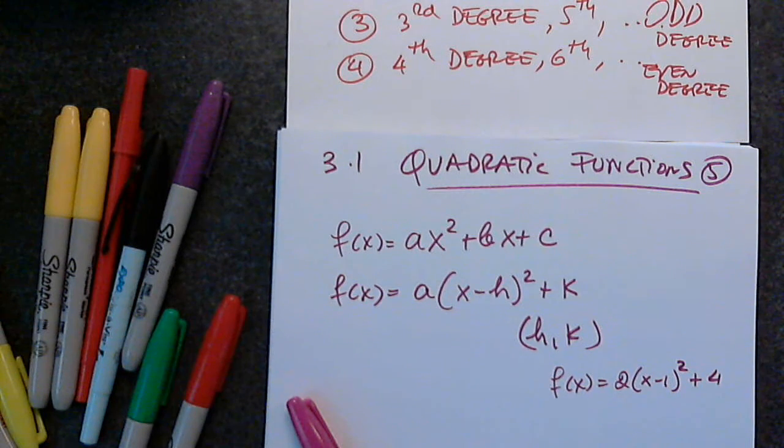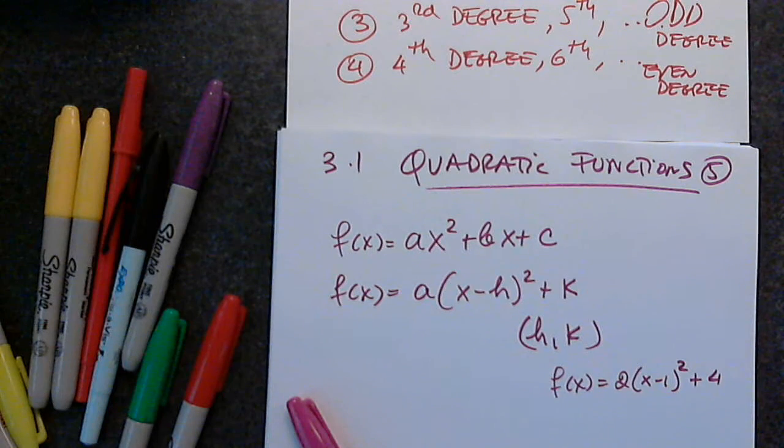It's x squared. Where does it go first? To the right one. Very good. Then vertical stretching. And then up 4. What is its vertex? Careful. We said to the right one, right?